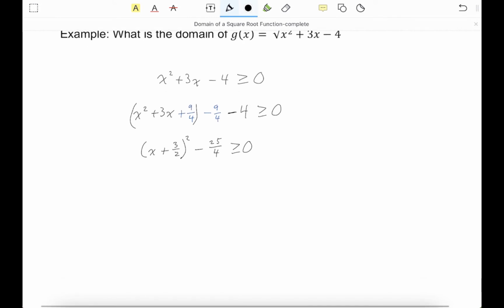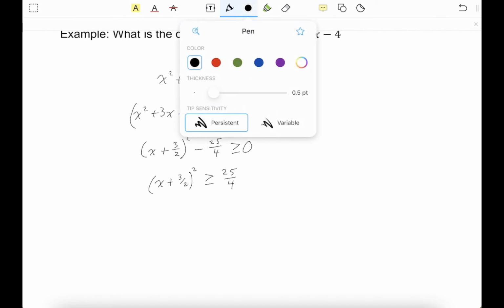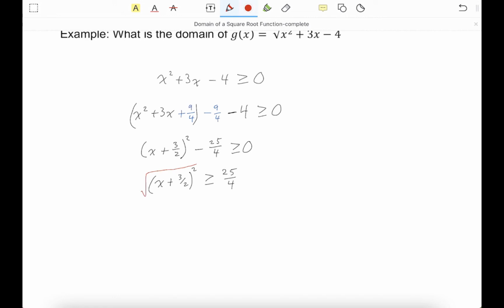I'll add 25/4 to both sides. I have x plus 3 halves squared is greater than or equal to 25/4. I'll then take the square root of both sides. When I do this, I get the absolute value of x plus 3 halves, and that's greater than or equal to 5 halves.